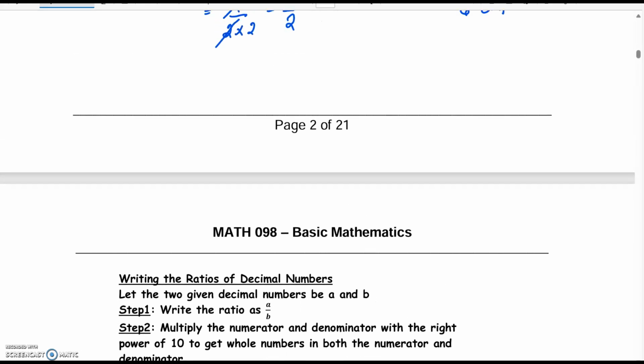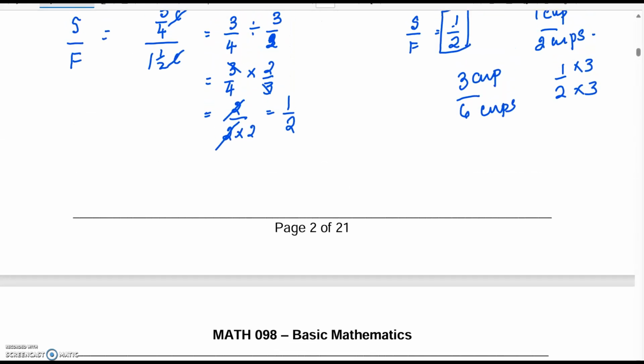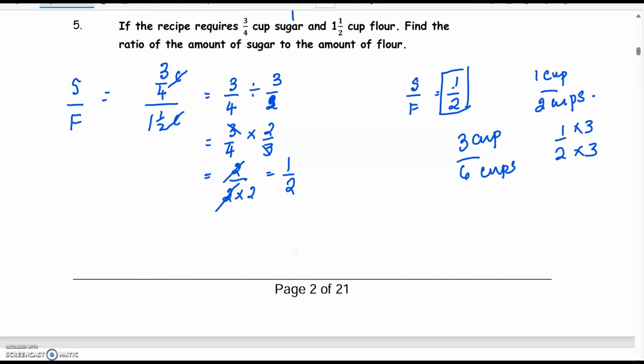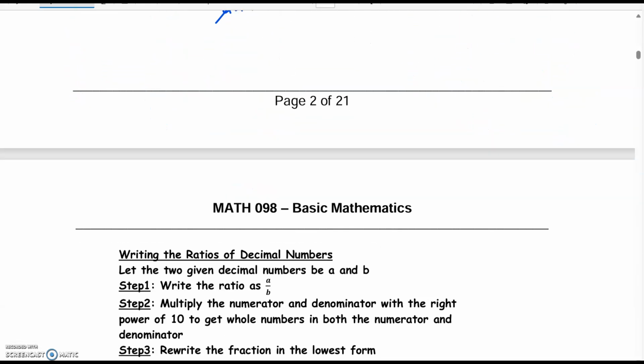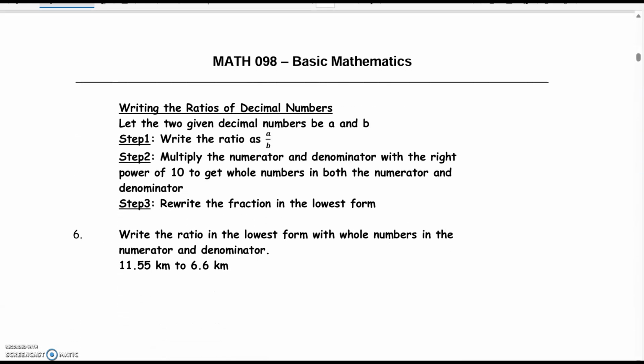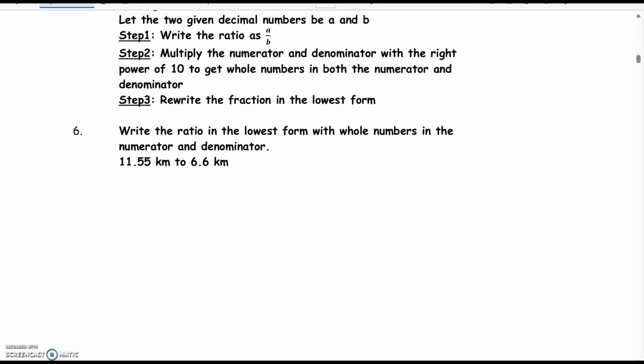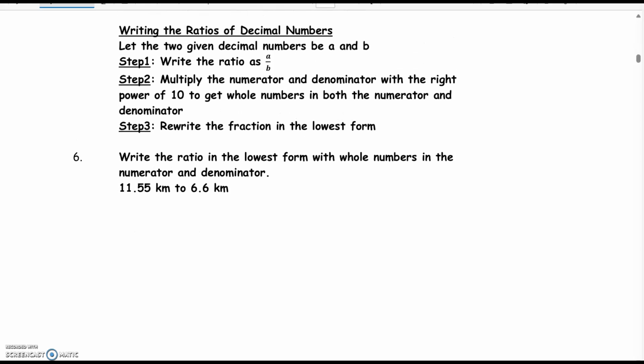Now notice what we did in the previous case. We had a ratio involving mixed numbers and fractions, and we treated it just like a calculation in multiplication and division of mixed numbers and fractions. Now we're going to look at ratios that involve decimal numbers.